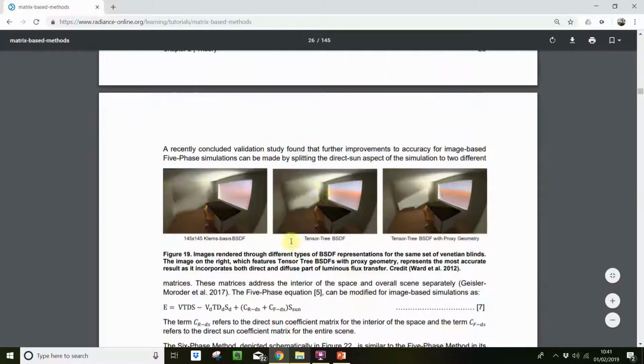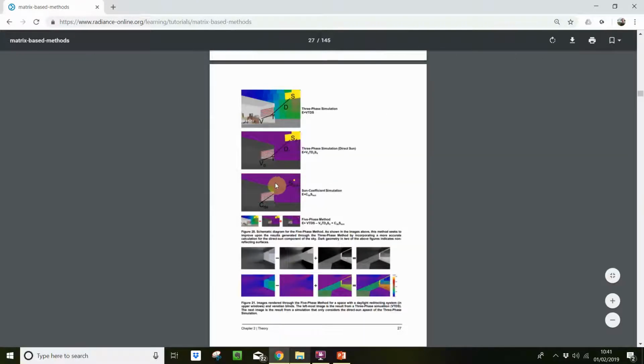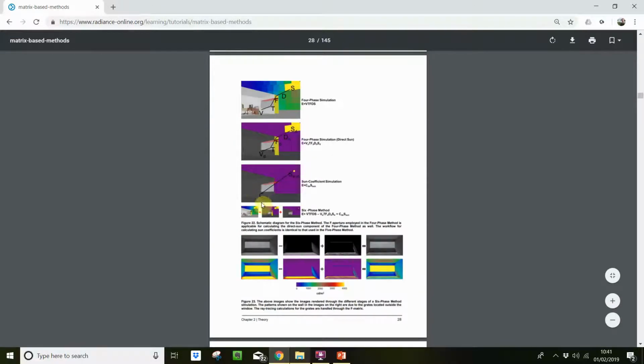There is a little bit more to it where you can include what they call the proxy geometry, which I'm not going to go into. I've already been rambling 10 minutes, so I think I've just covered it.